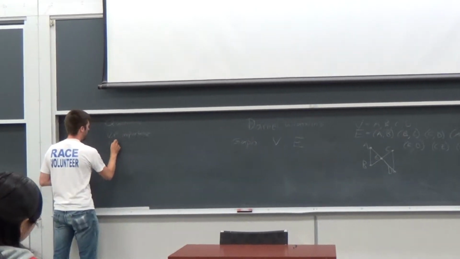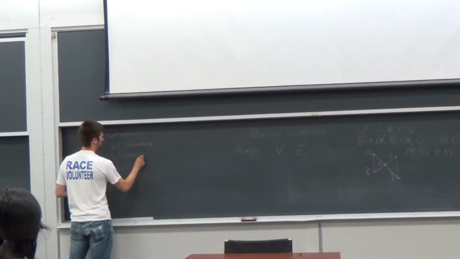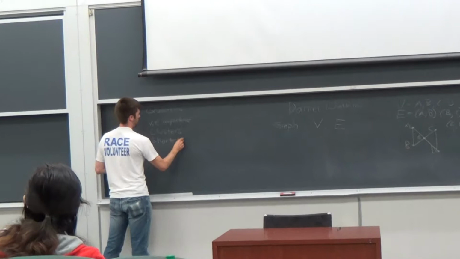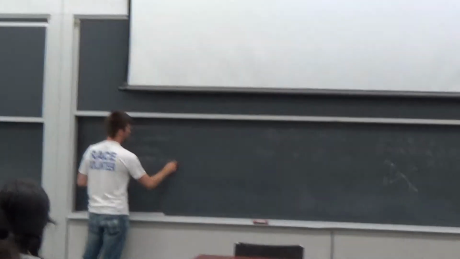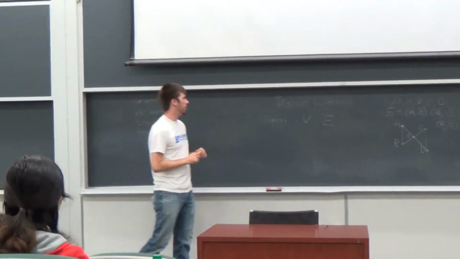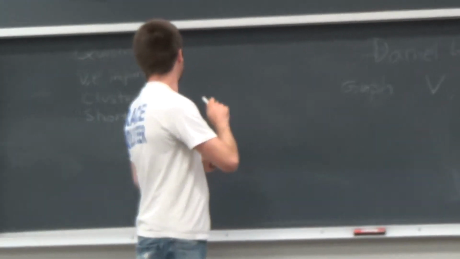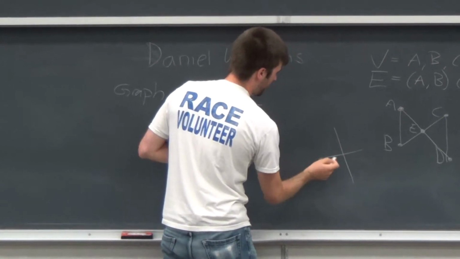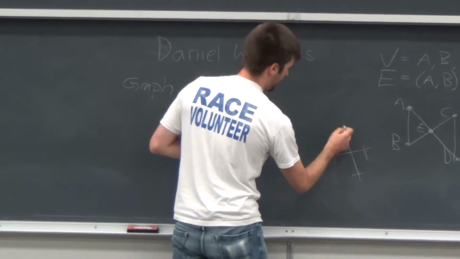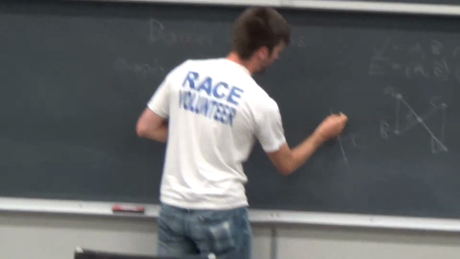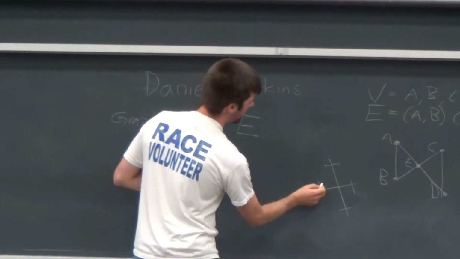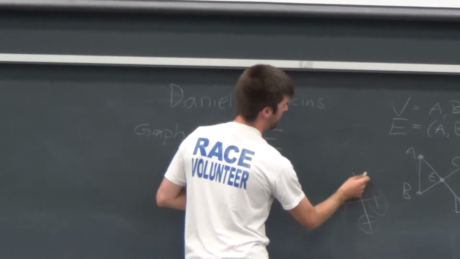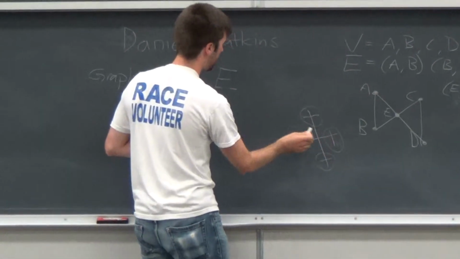We can also look for clusters, and we can look for shortest paths. So a cluster will be apparent in some of the networks that I mentioned, but if I draw another example graph that looks like, say, this with vertices at each of the crossings, you've got one full graph, but you've got these smaller sets of connected pieces, and these would be what I would call clusters in the graph.